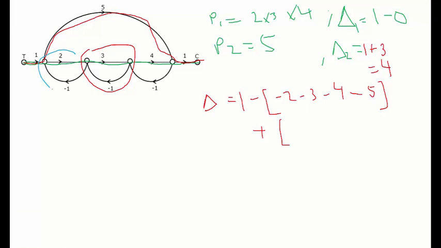This loop is non-touching to this loop, and there is no other pair of loops which is non-touching except these 2. So you have the gain of one loop as minus 2, so it's the gain product of 2 non-touching loops, minus 2 multiplied by minus 4. And this gives you 1 plus 2, 3, 5, 9, 5, 13. 13 plus 8.